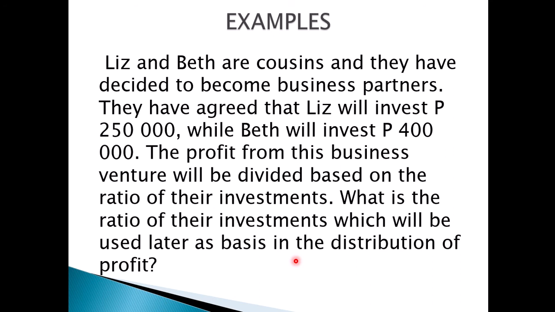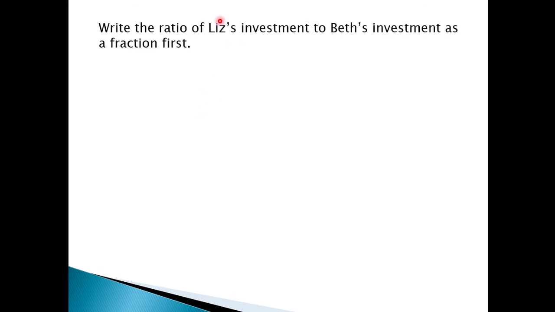Yes, you need to situate the problem, which means that the business venture will be divided based on the ratio of their investments, which is 250,000 pesos and 400,000 pesos. Moving on to our solution, we need to write the ratio of Liz's investment to Beth's investment as a fraction first.